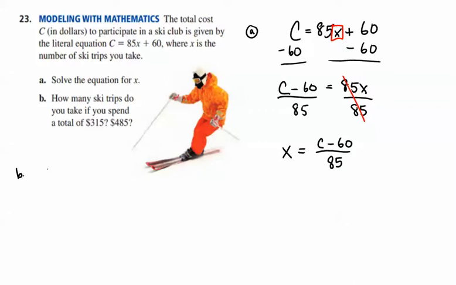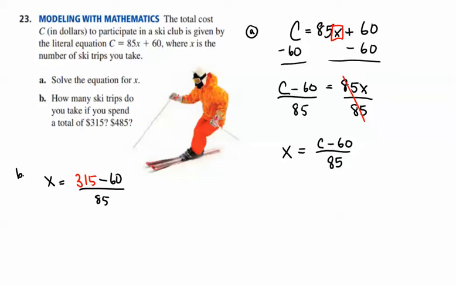So if I'm trying to figure out how many trips I would take if the total cost was $315, I would substitute 315 for C.